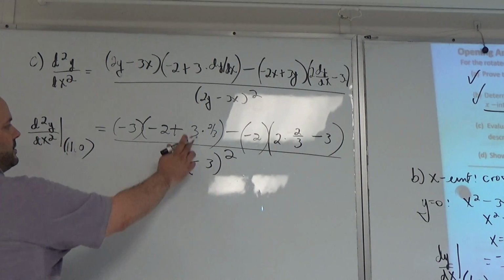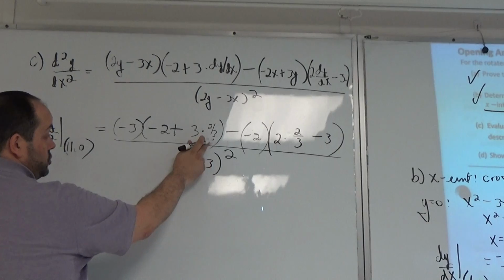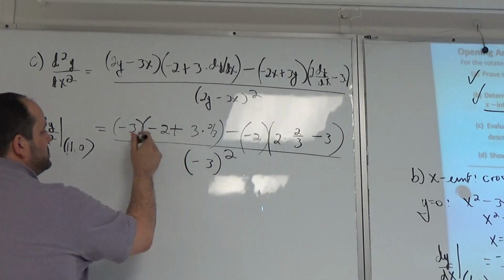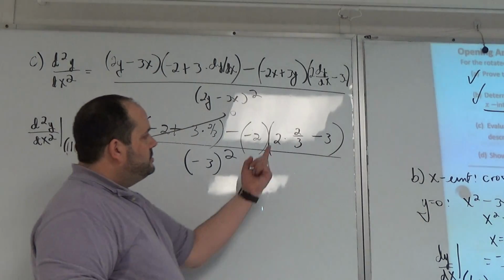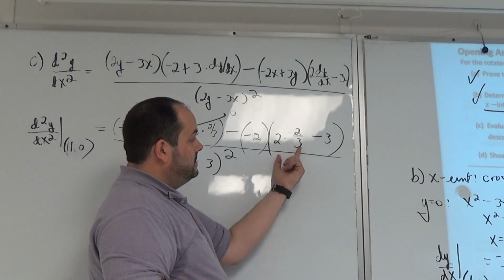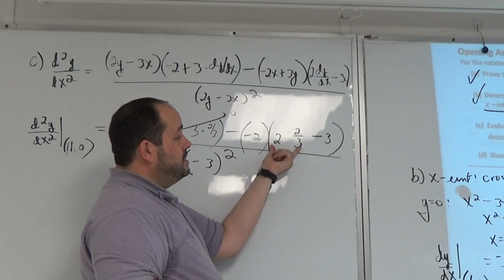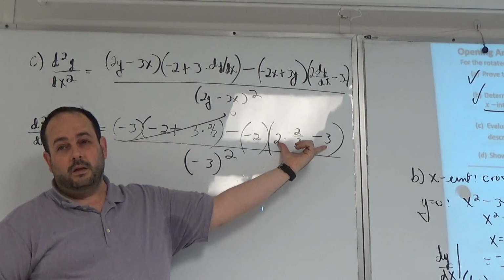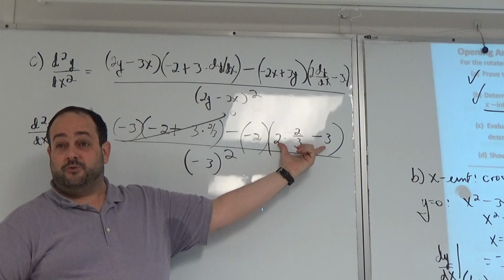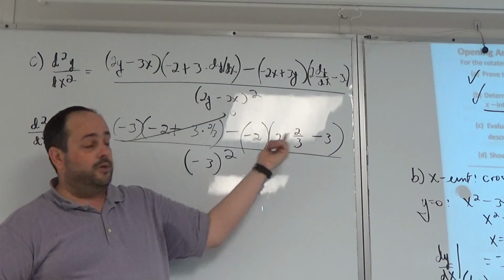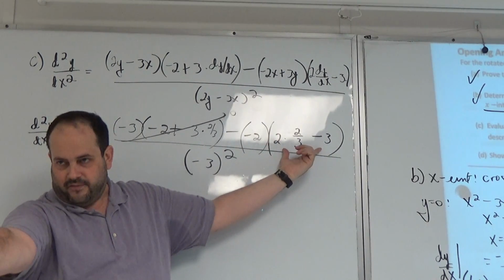Let's see. 3 times 2 thirds? 2. Negative 2 plus 2? 0. So this whole part over here is going to be 0. 2 times 2 thirds, that's 4 thirds, minus 3? It's a negative number. That's really the only thing I care about, right? 4 thirds minus 9, it is really negative 5 thirds.